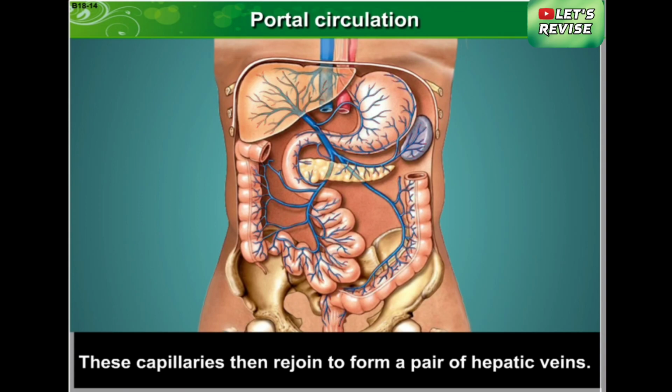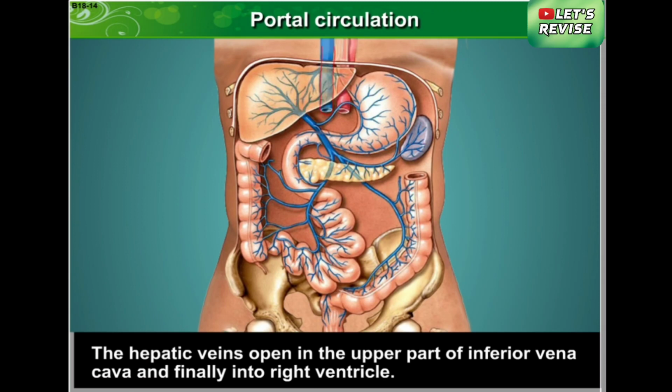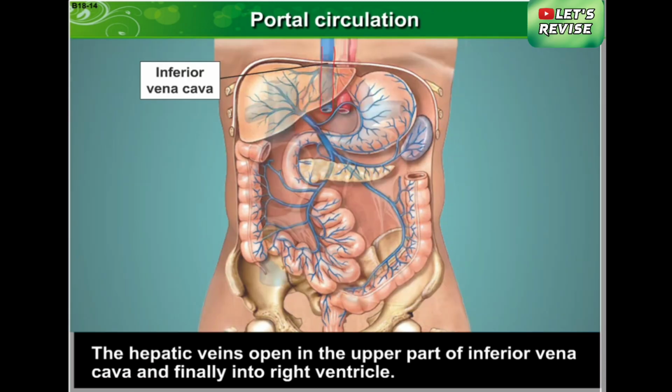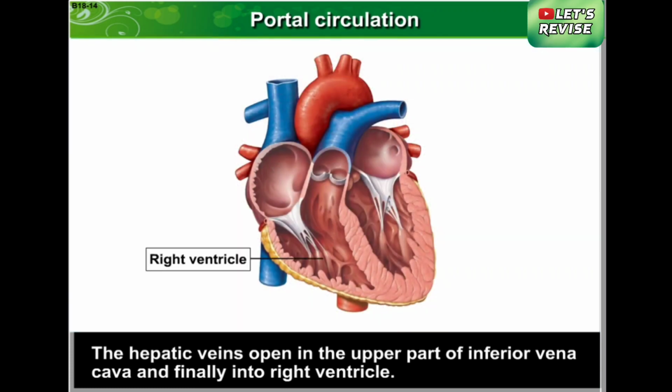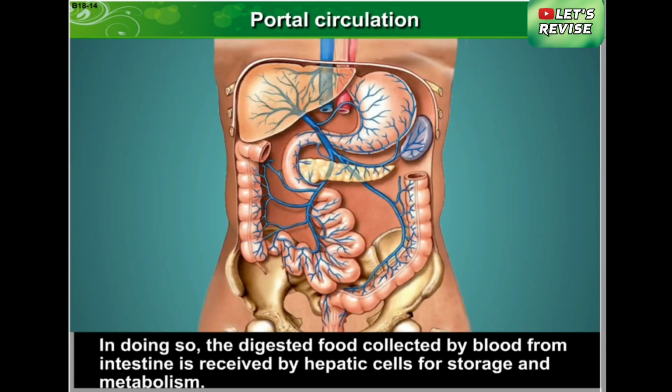These capillaries then rejoin to form a pair of hepatic veins. The hepatic veins open in the upper part of the inferior vena cava and finally into the right ventricle. In doing so, the digested food collected by blood from the intestine is received by hepatic cells for storage and metabolism.